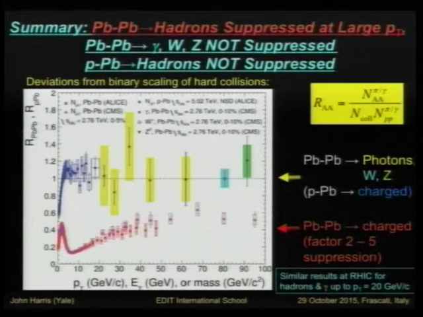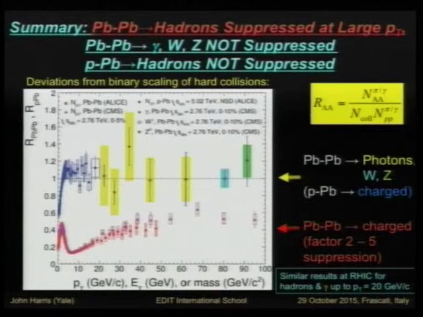And for proton on lead charged particles, which is here, it is also about 1. Whereas for lead on lead, there's this extreme suppression of a factor of 2 to 5. Now, there are similar results at RHIC for hadrons and photons up to 20 GeV over c transverse momentum.